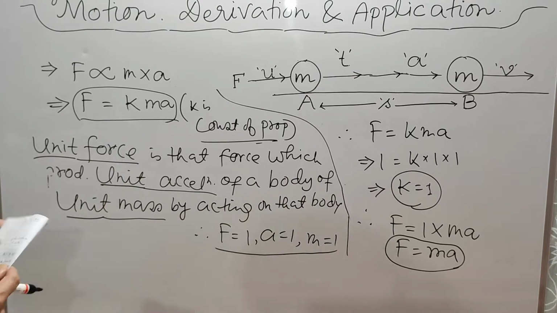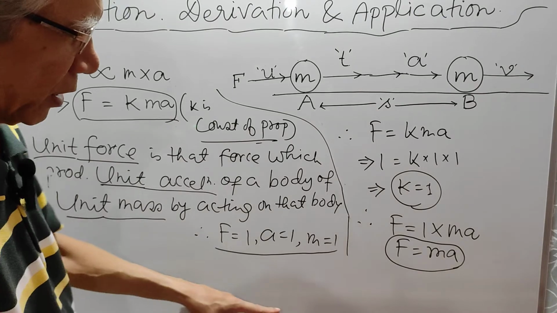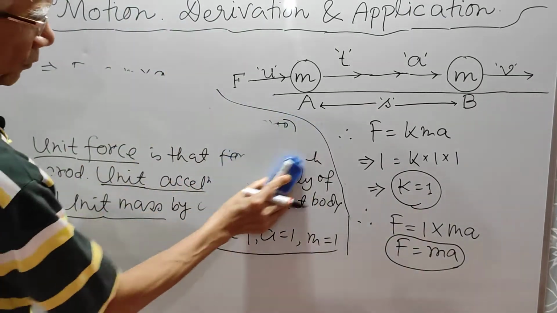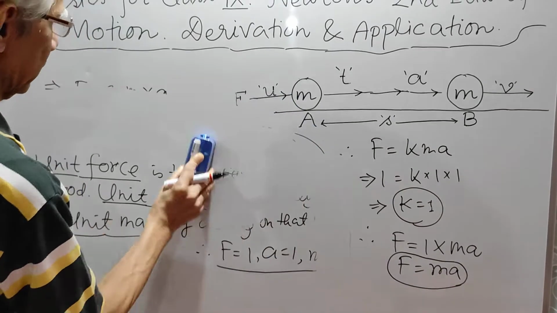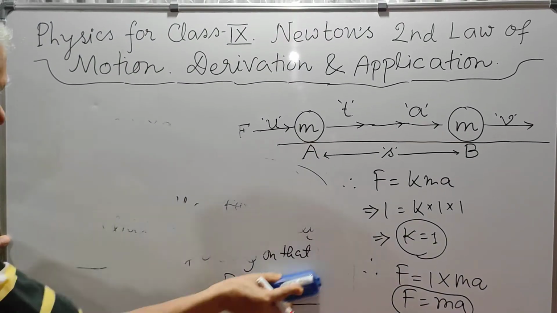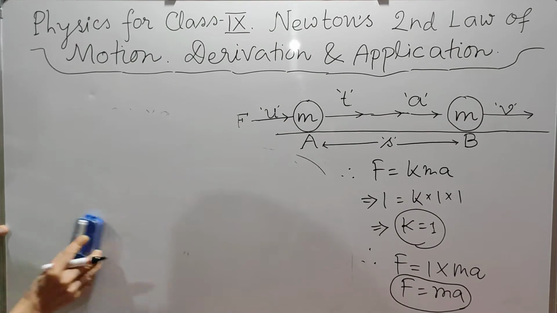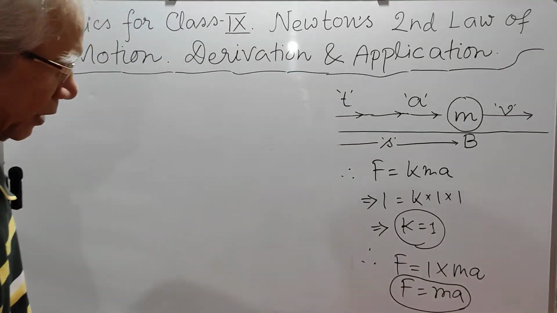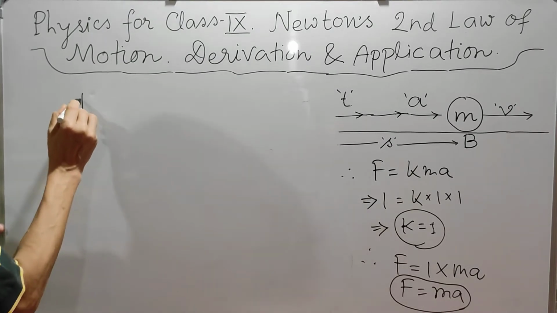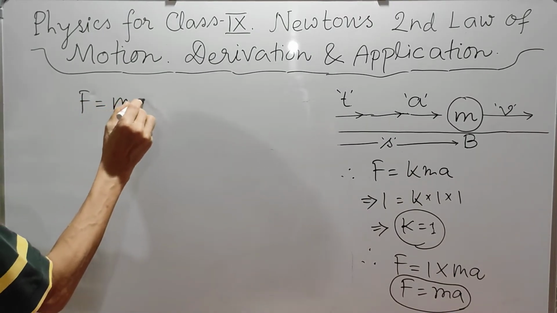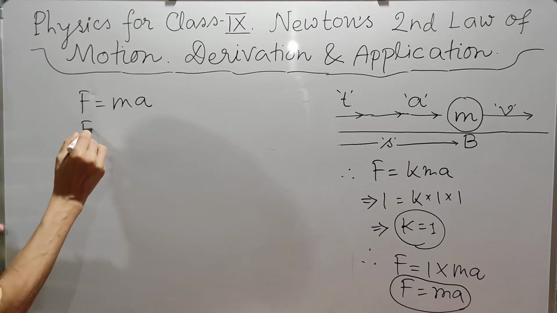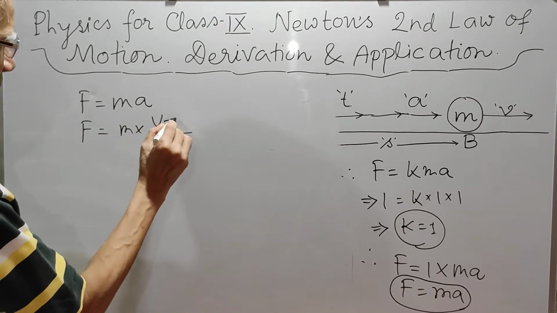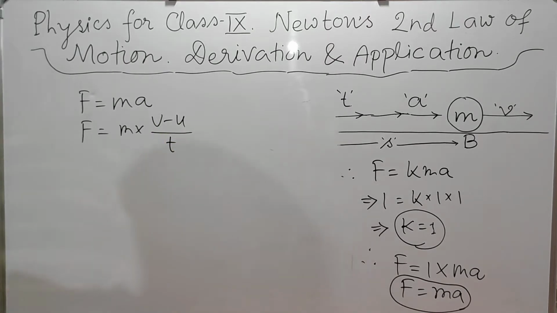Now let us see one derivation from this formula. Now see, F equal to ma. That means F equal to m into a. Now what is a? It is (v minus u) by t. All right.